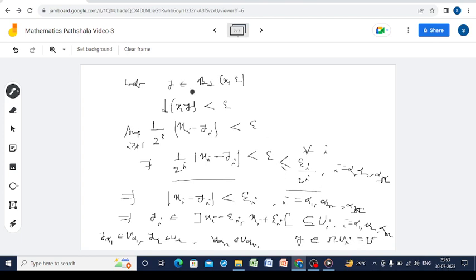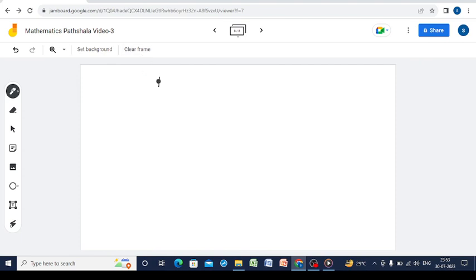So we have taken an arbitrary y belonging to B_d(x, ε), and we get this y belongs to U. So what we get? We get this B_d(x, ε) is a subset of U, and also clearly this x belongs to it. So this V equal to B_d(x, ε) is clearly a basic open set in the metric topology.